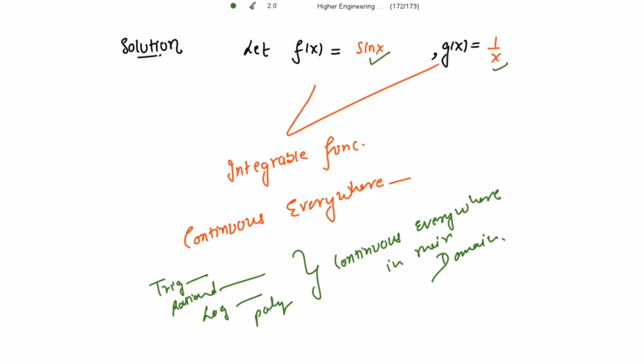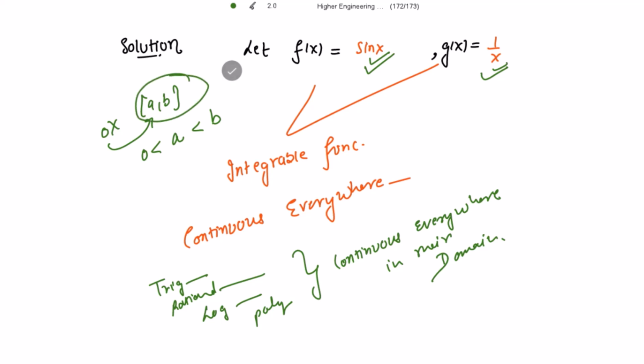What interval are we taking? We are taking the closed interval [a, b]. For the second mean value theorem, a closed interval is required, and the condition given to us is that a is strictly greater than 0 and strictly less than b. Now as there is no 0 in this interval, sin x and g(x) are defined everywhere in this interval, right? So these are continuous functions.